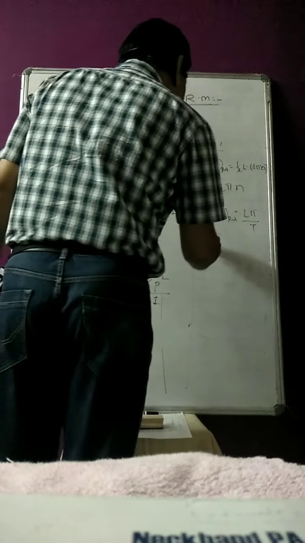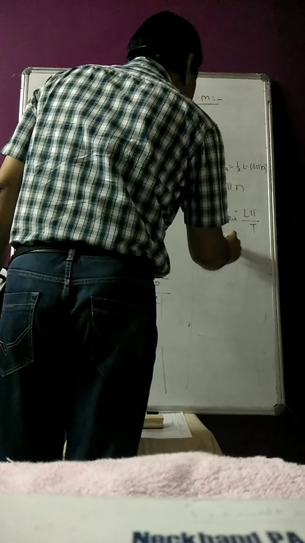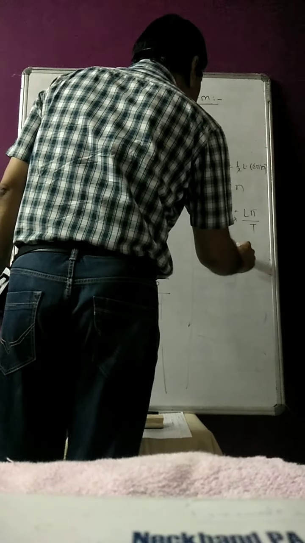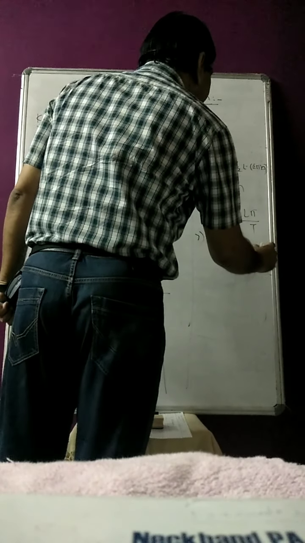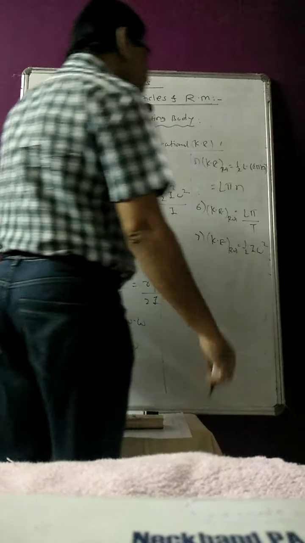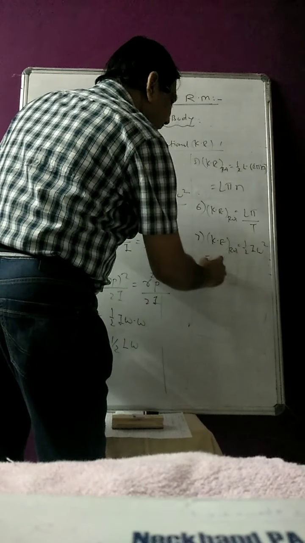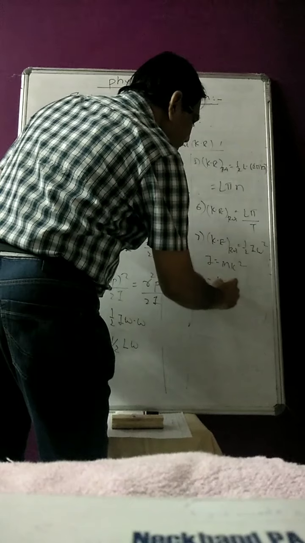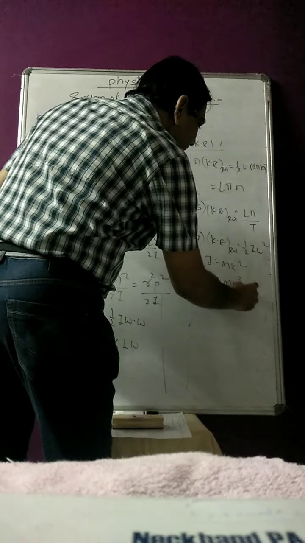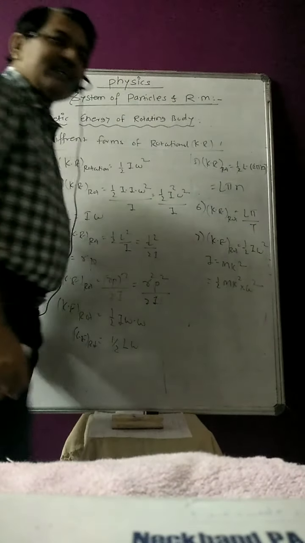Next, kinetic energy of rotation can also be written in terms of radius of gyration. How can we write it down? I is equal to mk square, so this formula becomes 1/2 mk square into omega square.